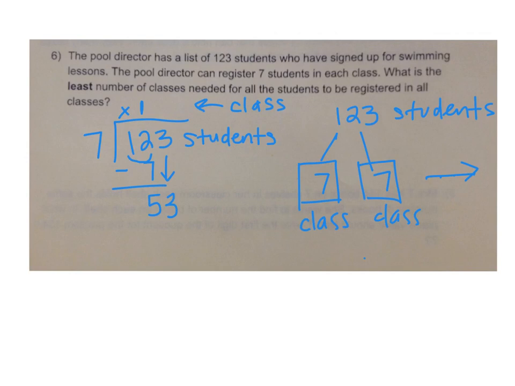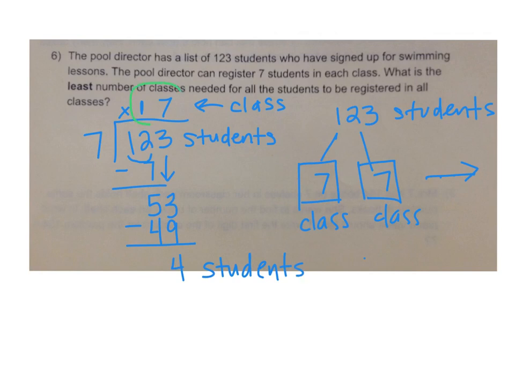Okay, so I've got 53 students left, and I know that 7 times 7 would give me 49 students with 4 students left over. Now those students need to be put into a class.